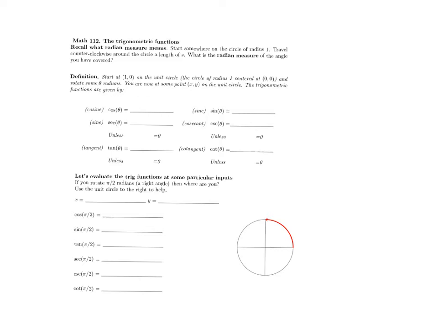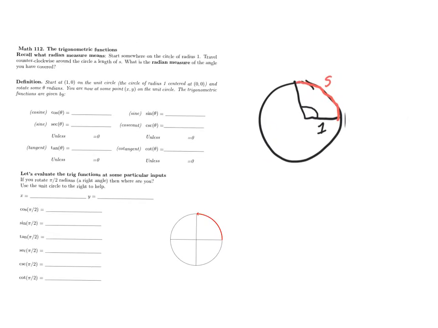And just to recall what radian measure means, if you have a circle, today my circle will be radius 1, and you rotate by an angle and have some arc length s, then the radian measure of this angle will be arc length over 1, or just s.